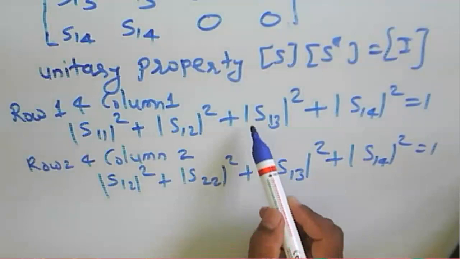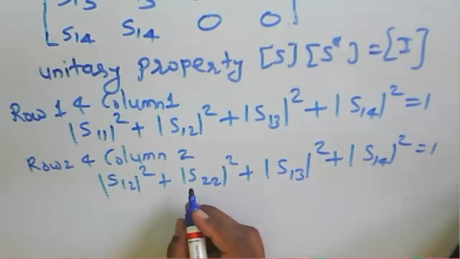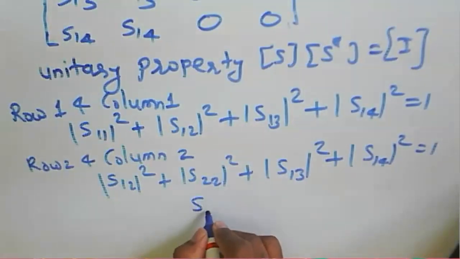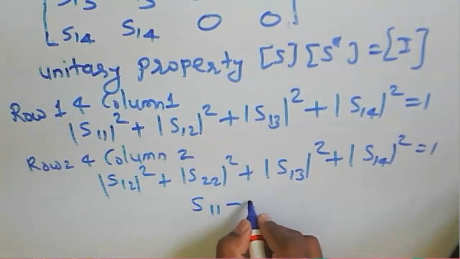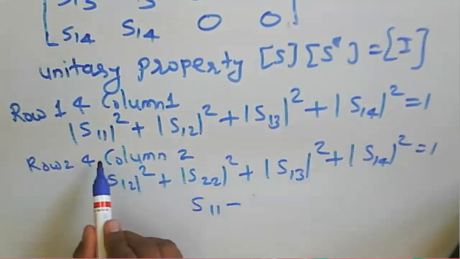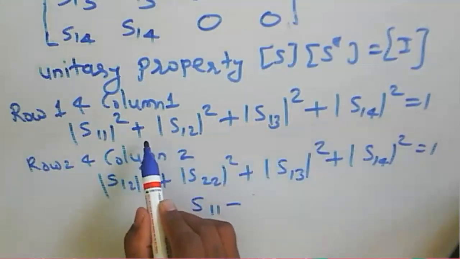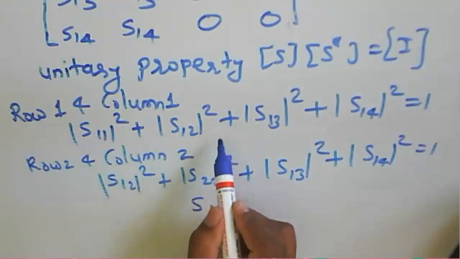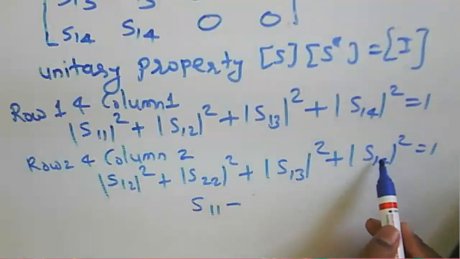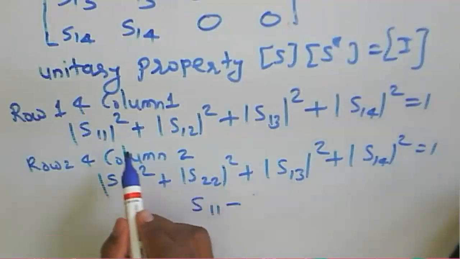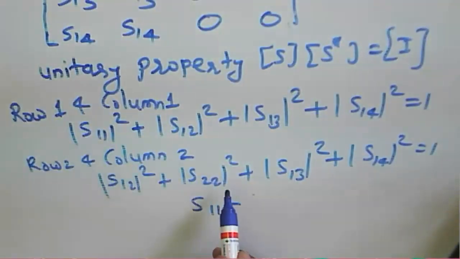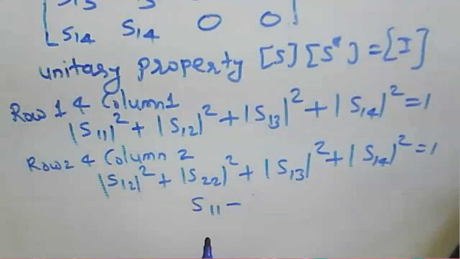Now from these two equations, if we equate this equation and this equation here, the terms S12 and S12 cancel, S13 and S13 cancel, S14 and S14 cancel. Only S11 and S22 remain, so S11 is equal to S22.